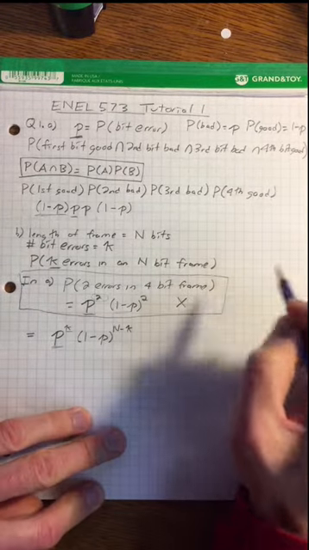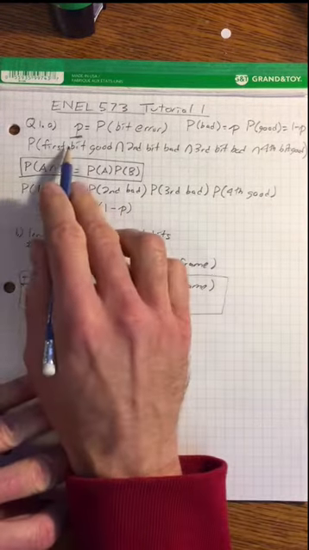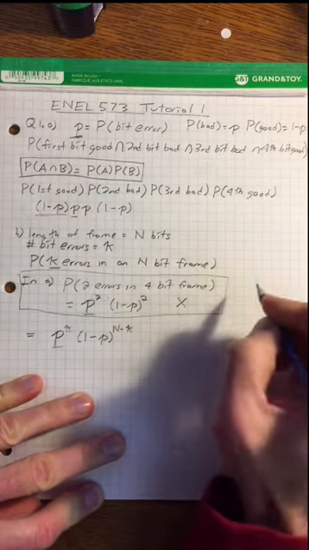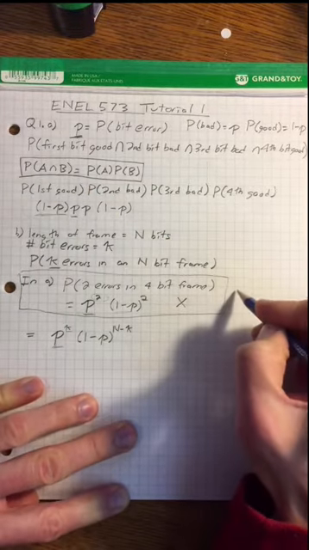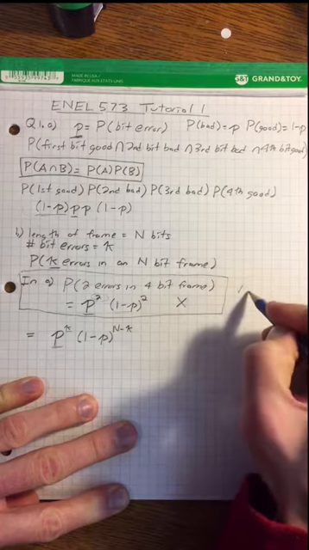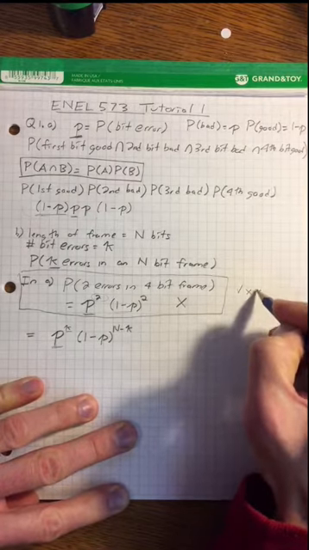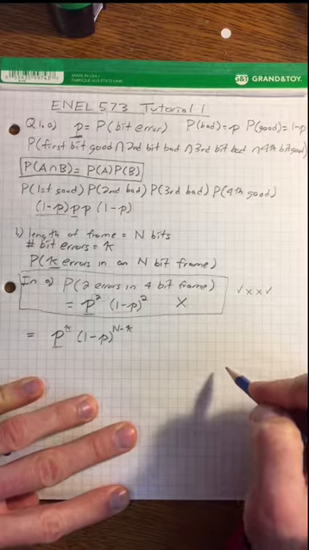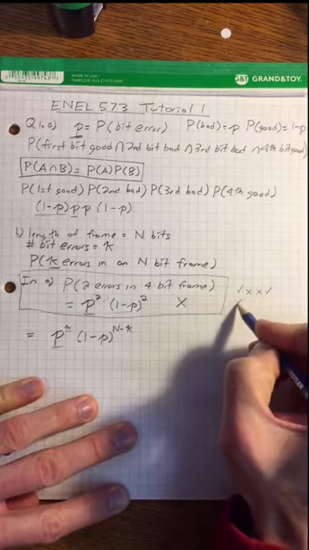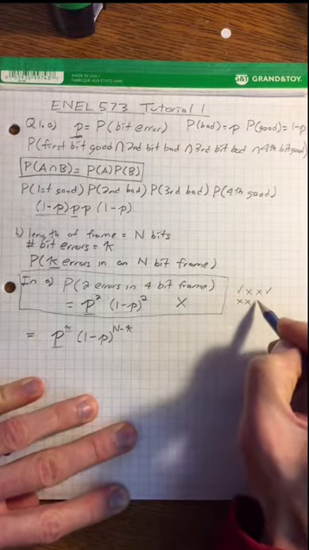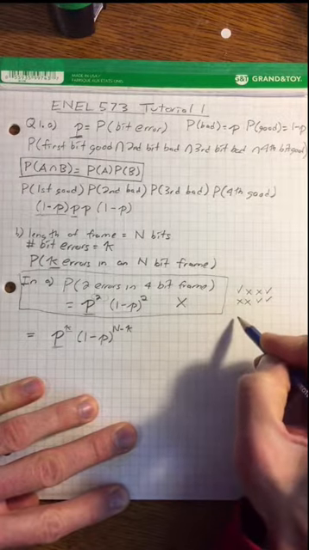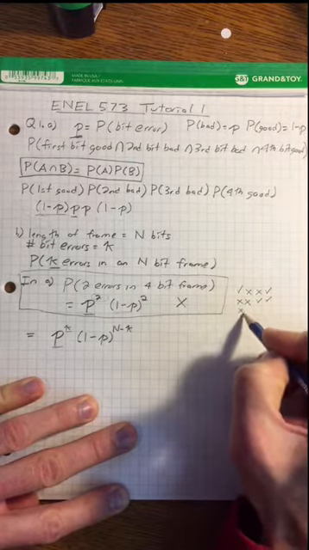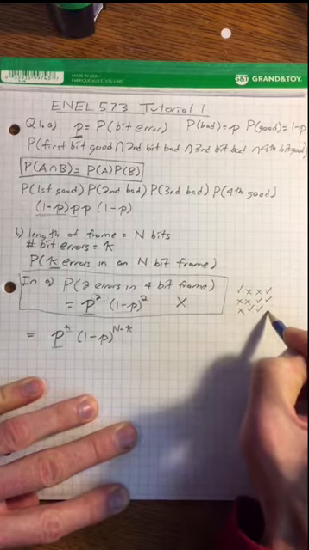And so if we just draw this over here, up here in part A, I asked you for the situation where we had first bit good, second bit bad, third bit bad, fourth bit good. However, we could have also had 2 bad bits followed by 2 good bits. We could have had a bad bit, 2 good bits, and a bad bit.